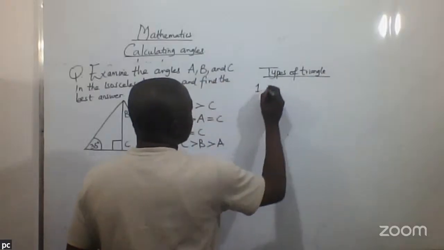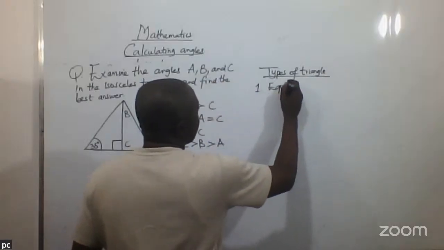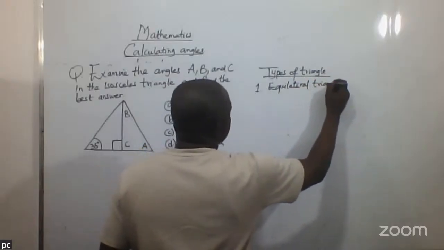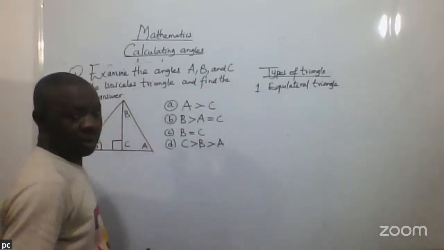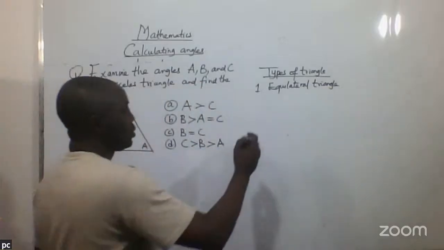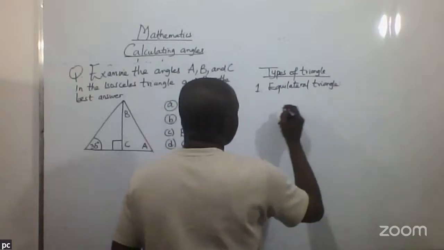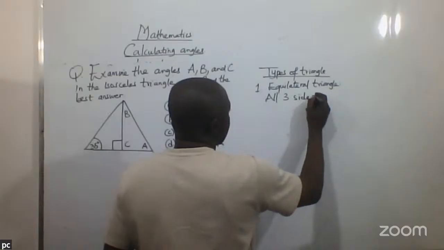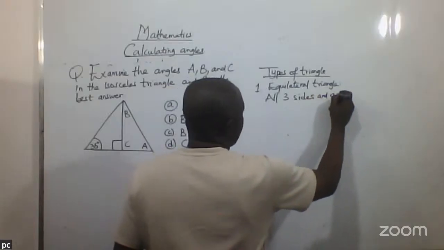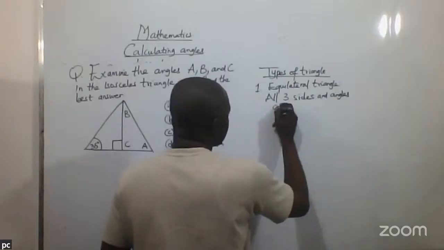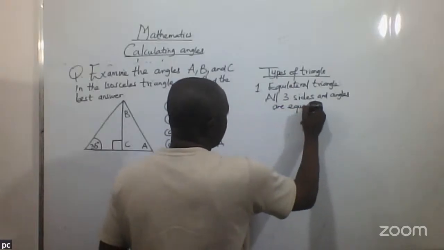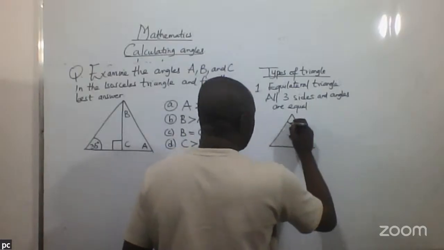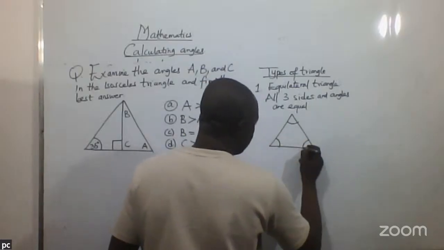Number one, we have what we call equilateral triangle. In the case of equilateral triangle, all three sides and angles are equal.